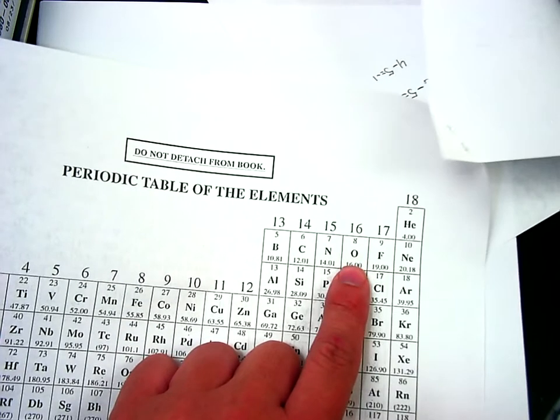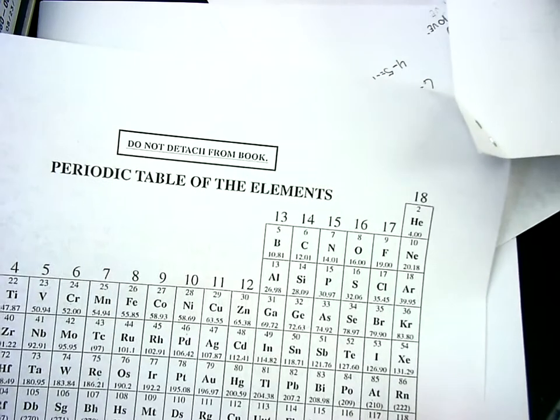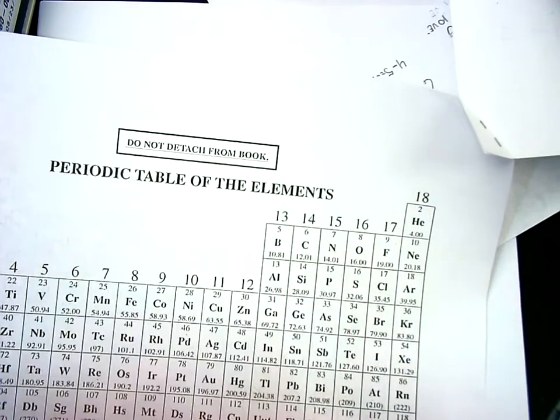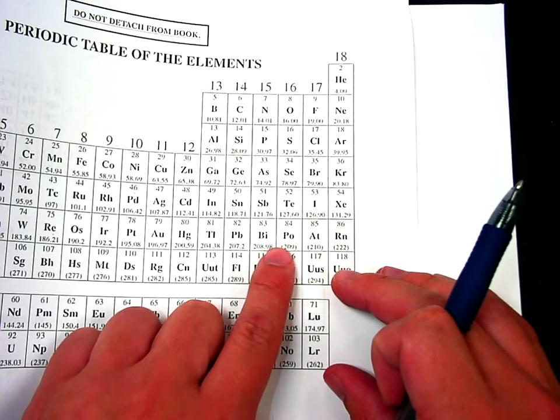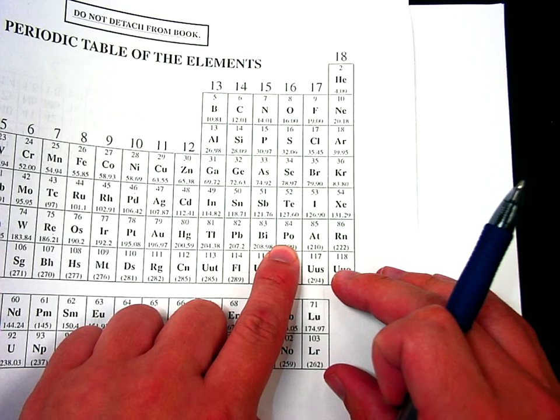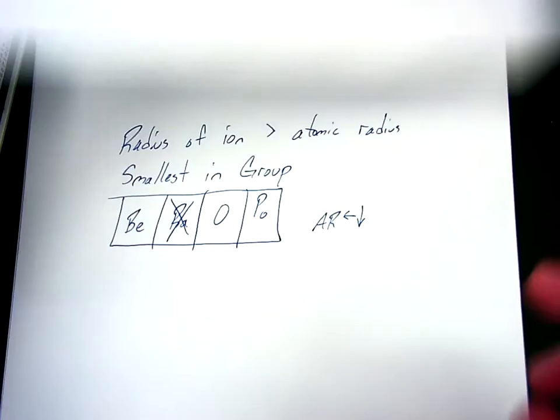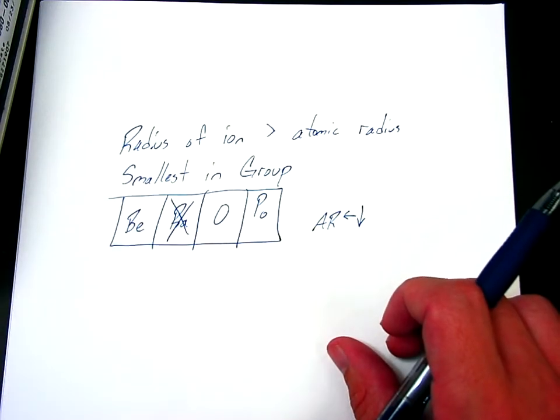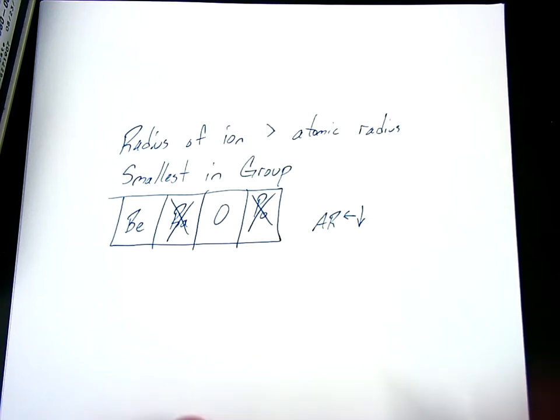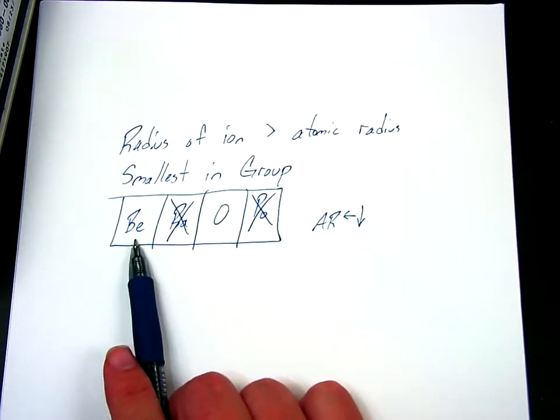Oxygen is at the very top of his group. He is a good possible answer. We can't get rid of him yet. Polonium is near the bottom of his group. Therefore, bad answer. He's big, not small, so it can't be polonium. So I know it's beryllium or oxygen.